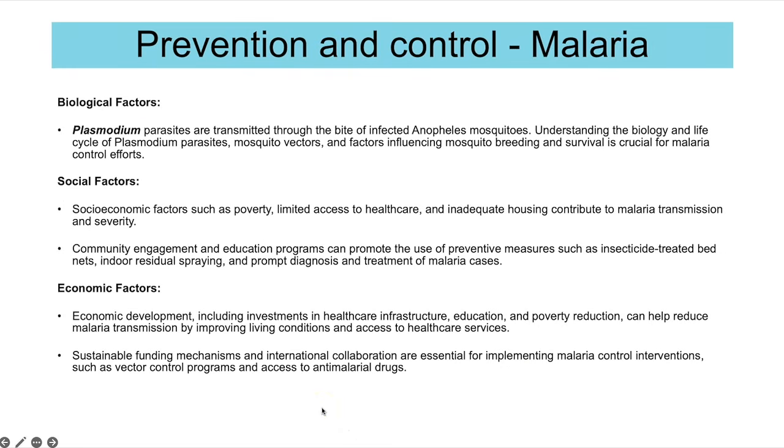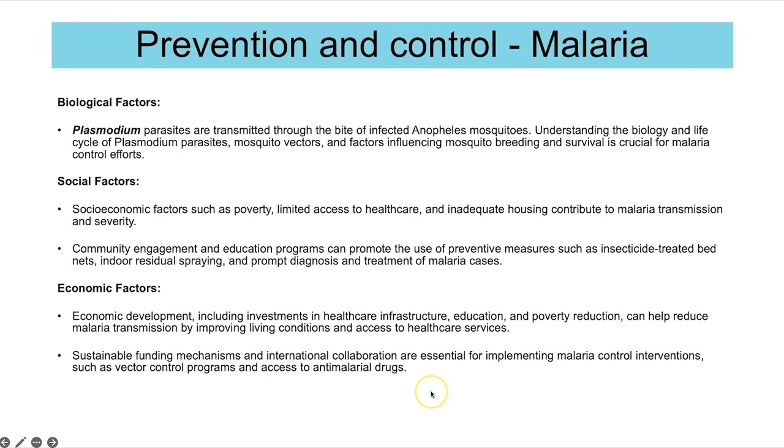So how can it be prevented and controlled? The main way it's prevented is through preventing the vectors, which are the mosquitoes. Having that understanding of the life cycle enabled us to realise that the transmission through the vectors could be a key way to prevent humans getting infected. So this again links to social factors and economic factors.